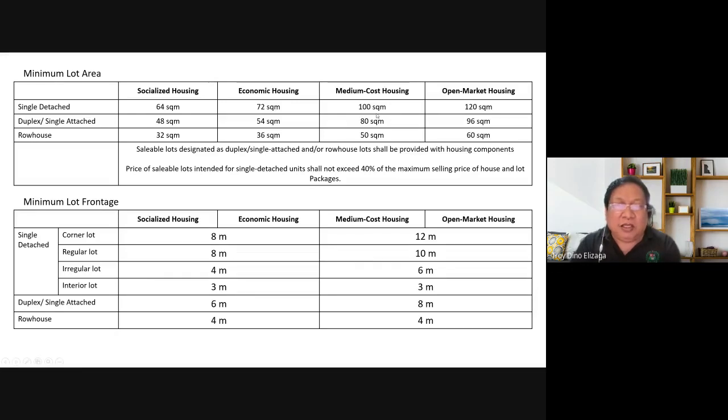Anyway, when we get the approvals to build the subdivision. So if you notice, row house is only 4 meters. So it's really a challenge to design a row house outside the typical designs, because I don't know whether the design of a row house has been fully exhausted.